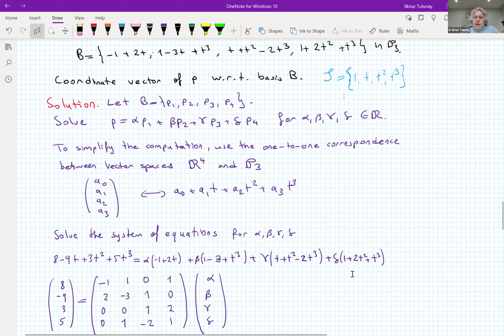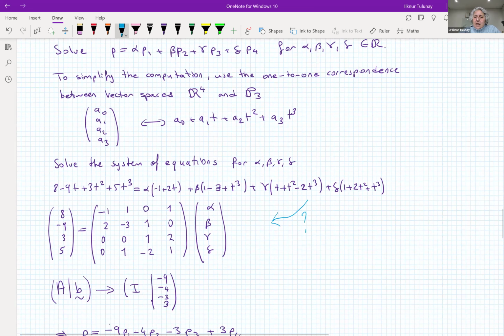Open the polynomial out and make sure that you have this. Make yourself clear about these steps. It is crucial, of course, that I'm writing this down as a column. If you have any doubt about how I passed from here to here, check it by yourself, just to make sure that it is clear.